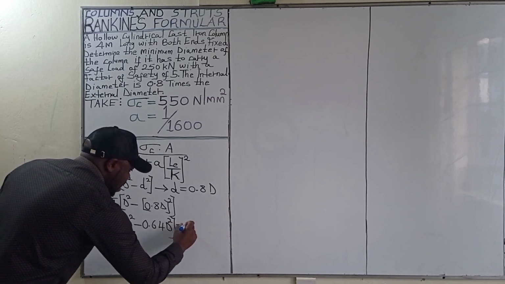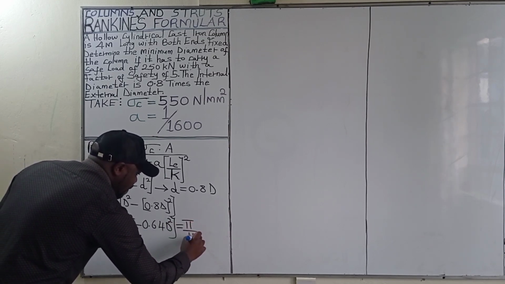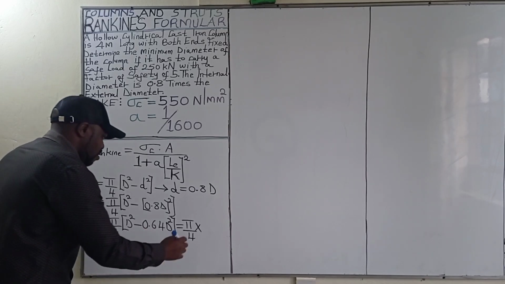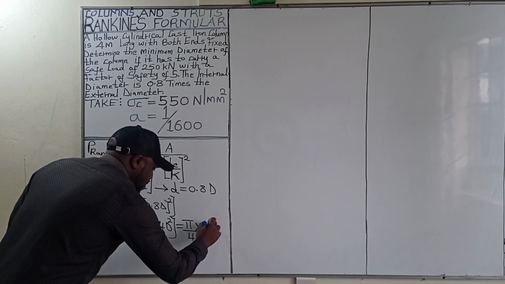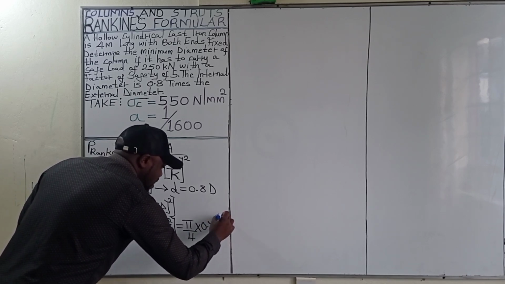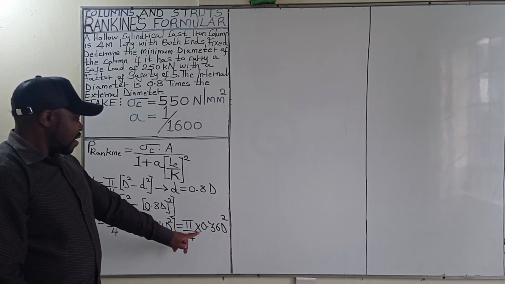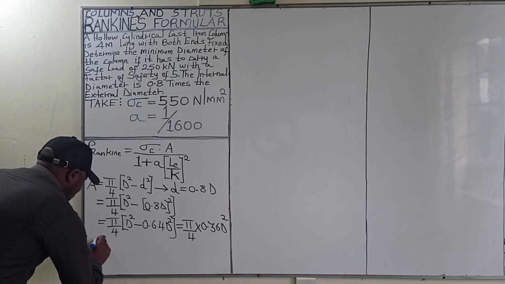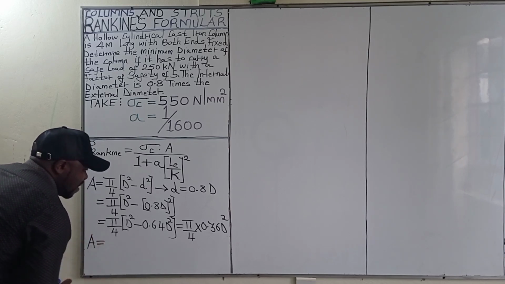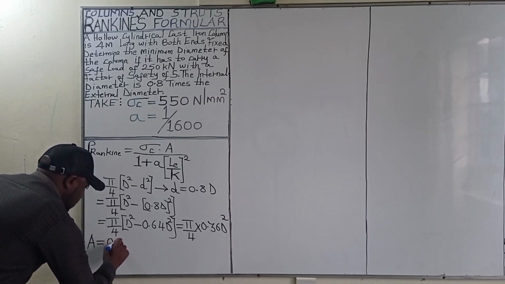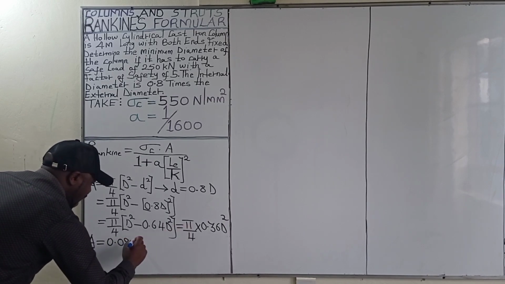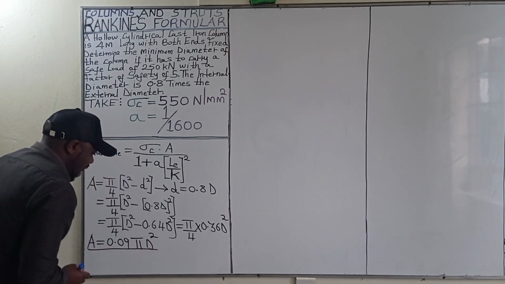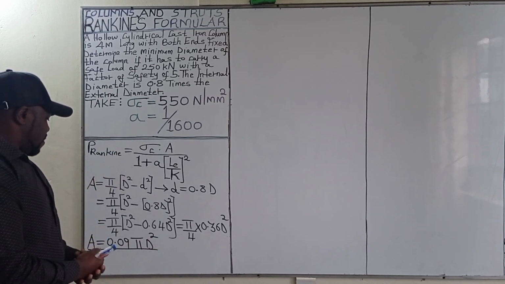And this will lead us to pi over 4 multiplied by 1 minus 0.64, which is 0.36. So we multiply that by 0.36 D squared. 0.36 divided by 4, that is 0.09. So we are going to have the cross-sectional area of this column being 0.09 pi D squared. So that is the cross-sectional area of this column.